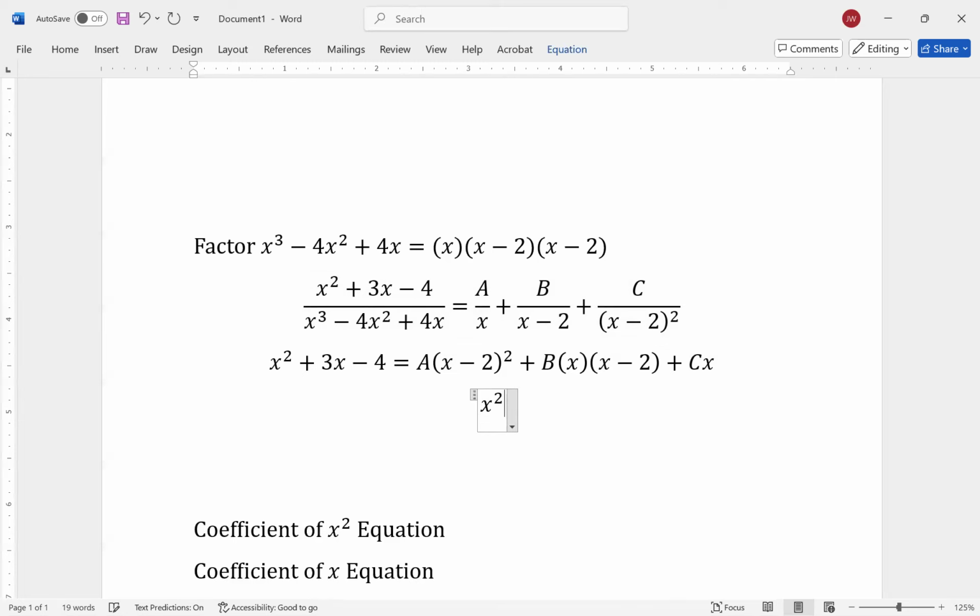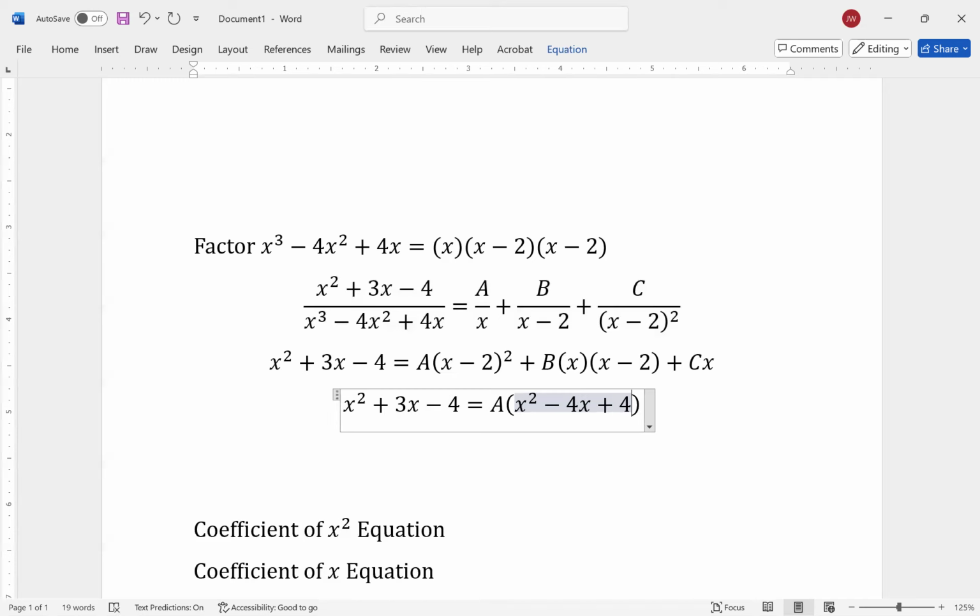I'll multiply this out. X minus 2 squared is x squared minus 4x plus 4.